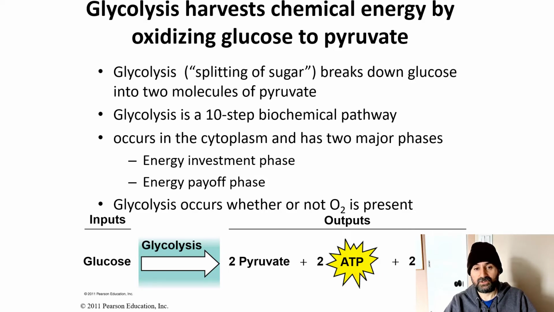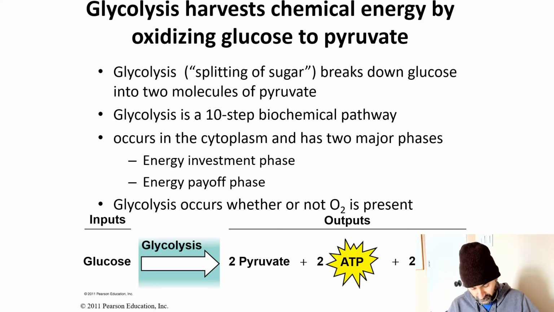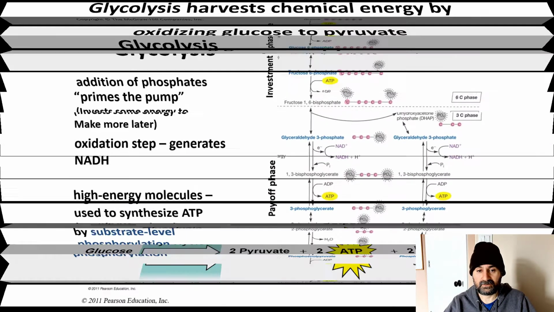So again, I want you to know that it occurs in the cytoplasm, you start with glucose, and the products are 2 pyruvate, 2 ATP, and 2 NADH. Please know the products of glycolysis. Excellent.